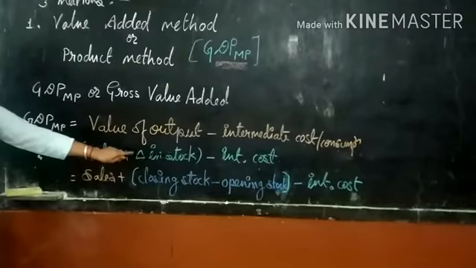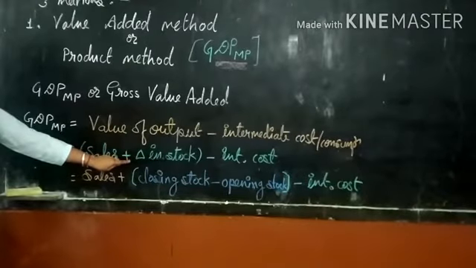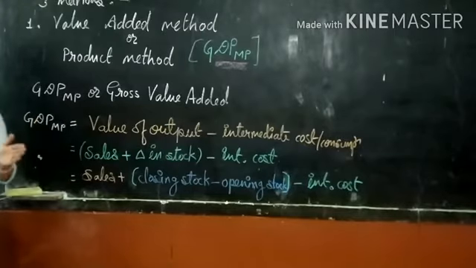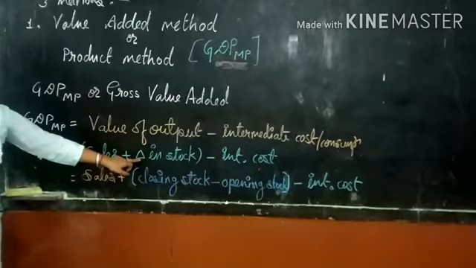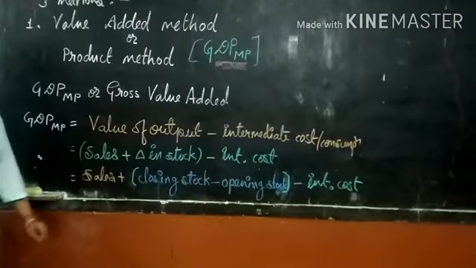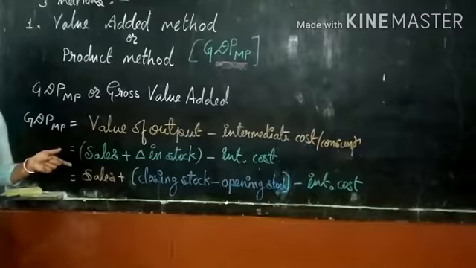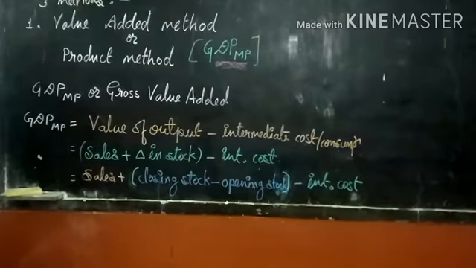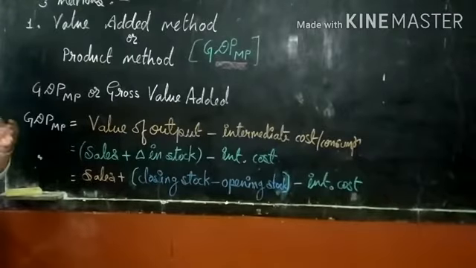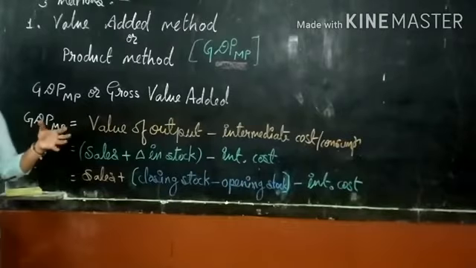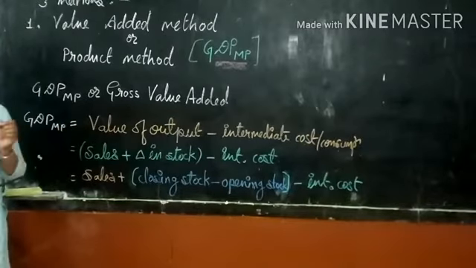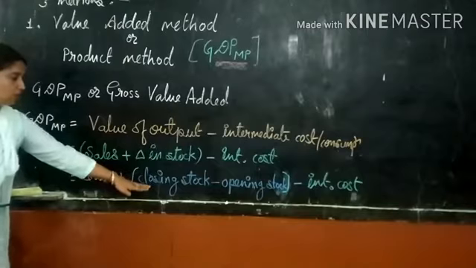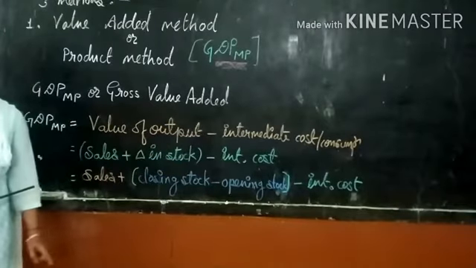We can estimate change in stock with the help of closing stock and opening stock. If change in stock is not given directly, then closing stock and opening stock will be mentioned. To know the change in the stock of the economy or of a producing unit, you should use closing stock minus opening stock.